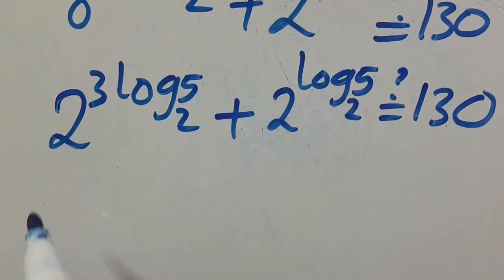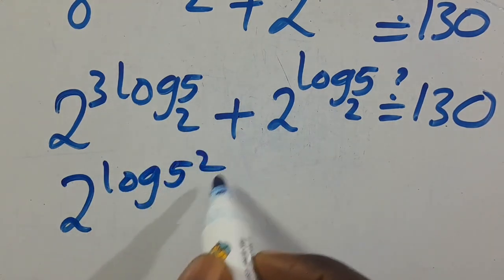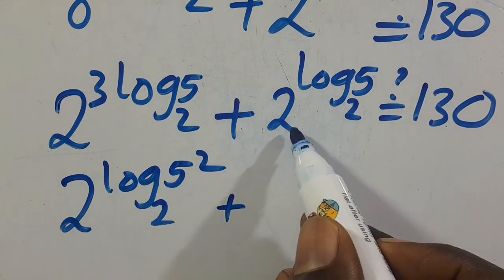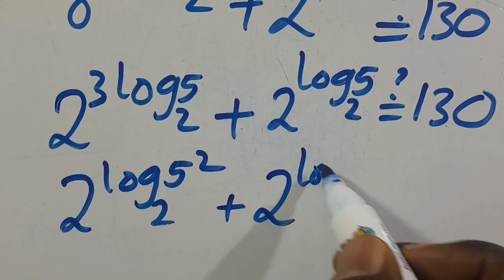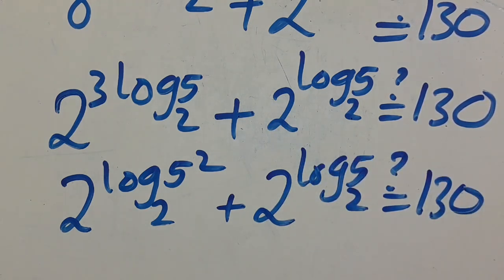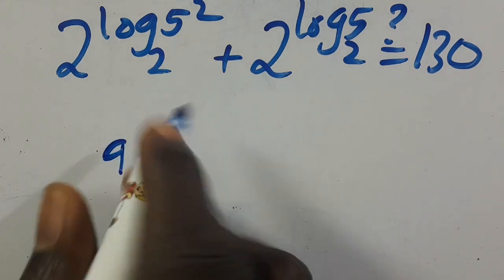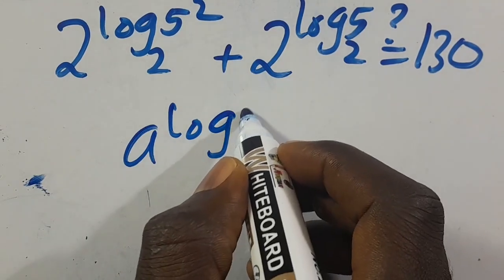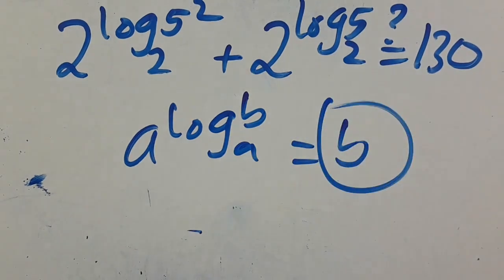Now, let's take this one back. We have 2 to the power of log of 5 to the power of 3 in base 2. Then this and this have the same base. We are left with 2 to the power of log 5 in base 2, and it's going to give us 130. Remember that when you have a to the power of log b in base a, the output will be equal to b.